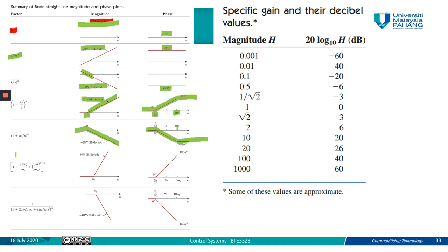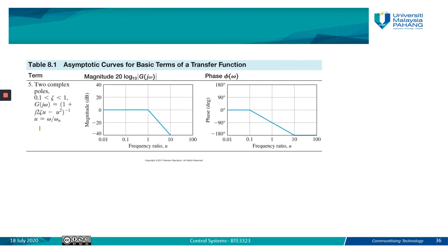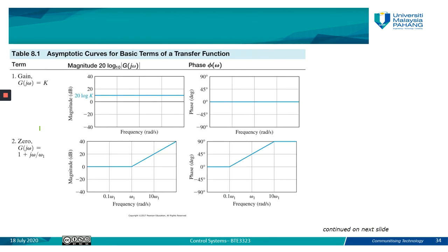The two cases here we do not consider, because they are more related to second order systems. Our consideration is for the first order system. All these values are also summarized in this table, the same as here again, but it's clearer according to the textbook that we used.